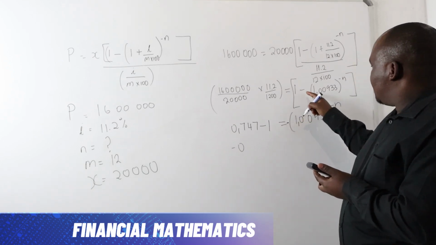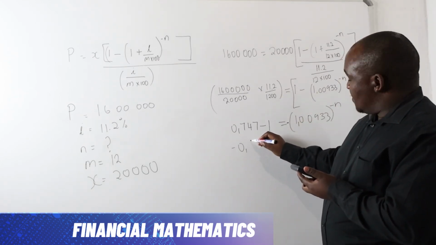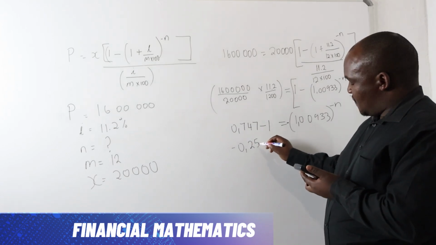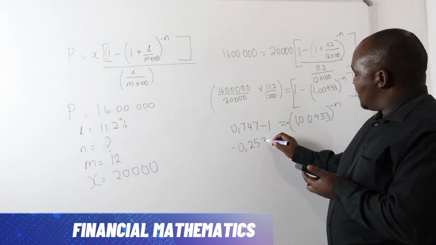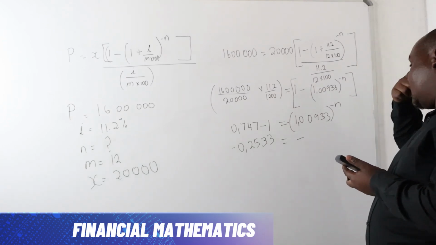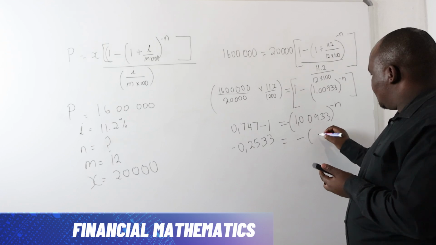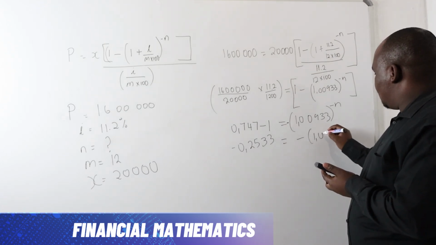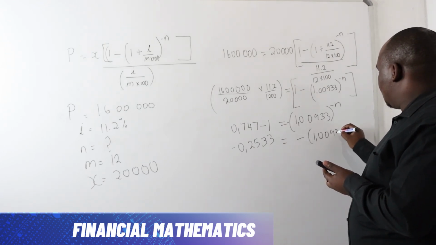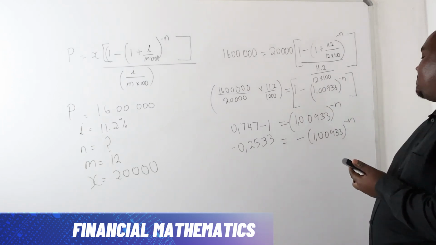Sorry, there's a negative sign here. Negative 0.2533 is equal to negative 1.00933 to the power minus n.